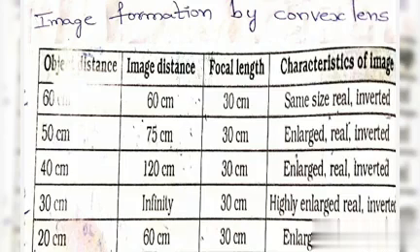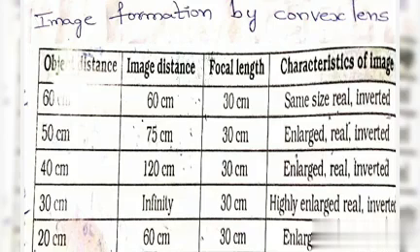Now place the object at 50 centimeter distance. Where will the image form? The image will form at 75 centimeter distance. The object distance is 50 centimeters, which means the object is placed between C and F, because C is 60 centimeters and F is 30 centimeters.